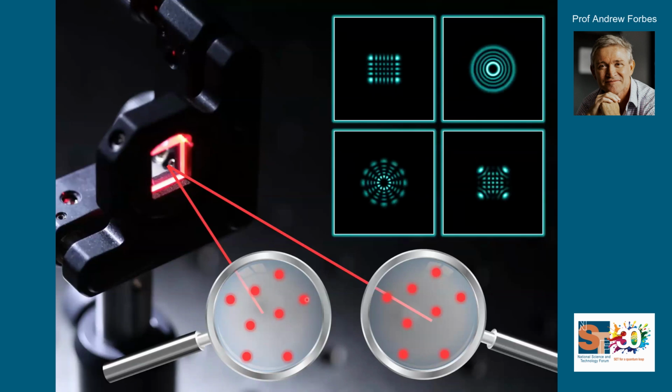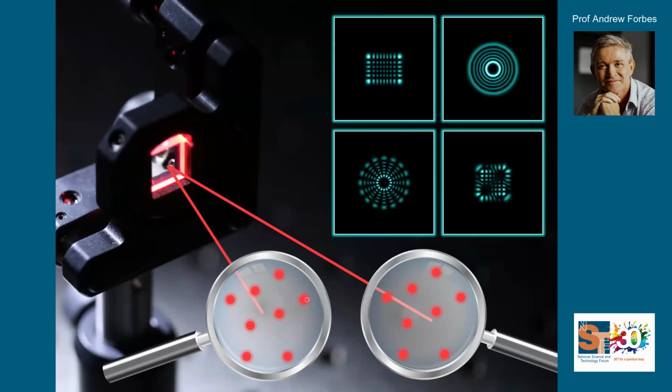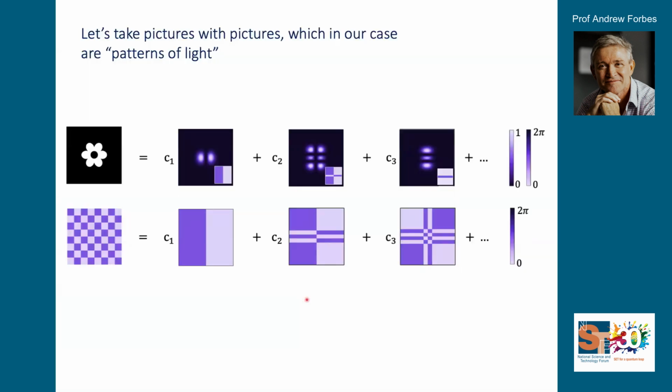And you might say, but okay, how can patterns help you to form an image of an object? Well, it's kind of like this. We're going to take our object, and instead of adding up how much light appeared in the top pixel and how much light appeared in the bottom pixel, we'll say how much light appears in this pattern and how much light appears in this pattern, and so on. It's the same recipe. It's just that we have a different way of calculating and adding up the summations.